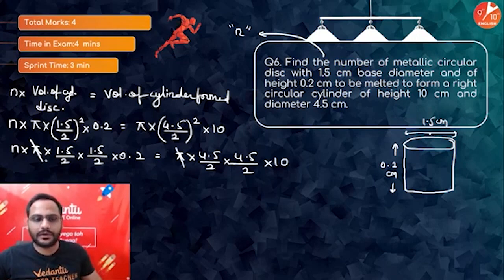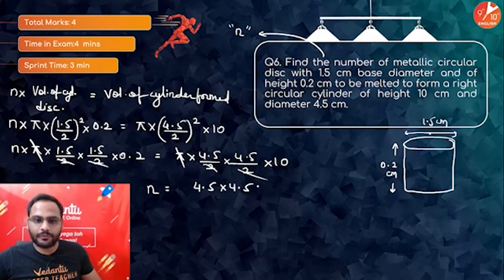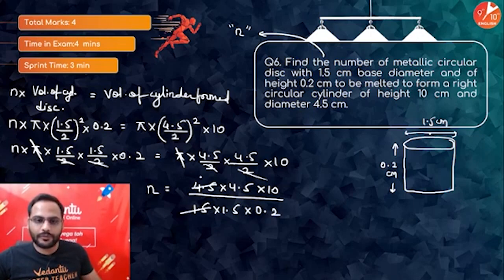देखो पाई टू पाई गॉट कैंसिल, 2 got cancelled. So easily we can say 4.5 into 4.5 into 10 divided by 1.5 into 1.5 into 0.2. देखो 1.5, 4.5 is 3 times.